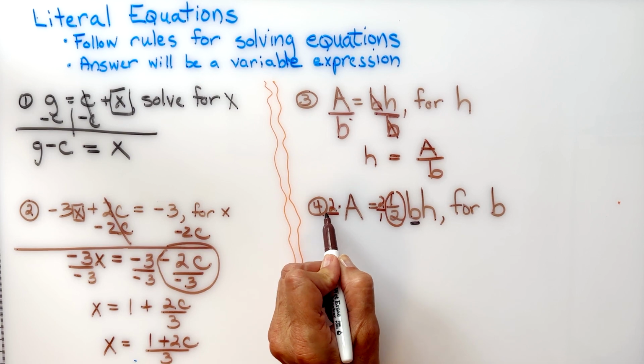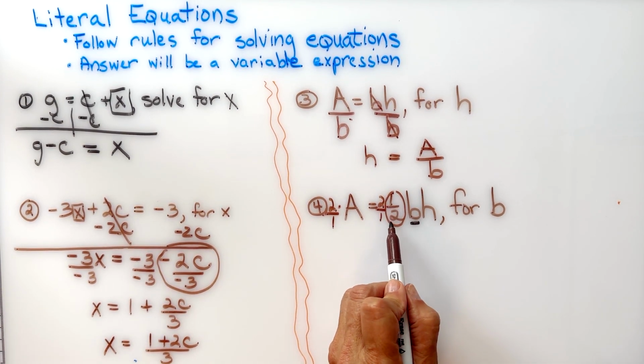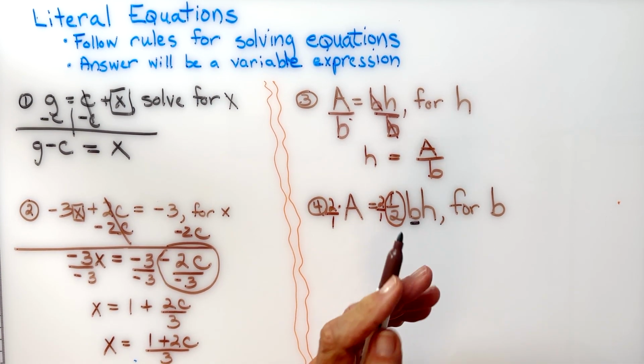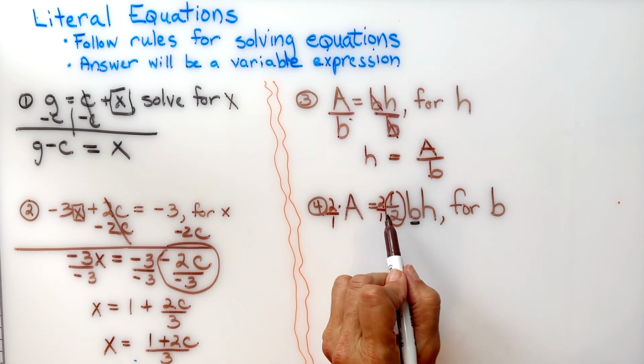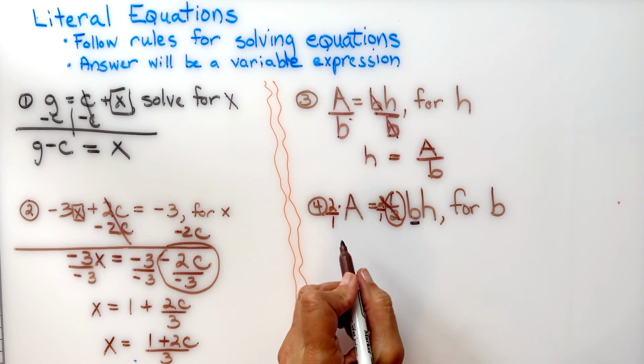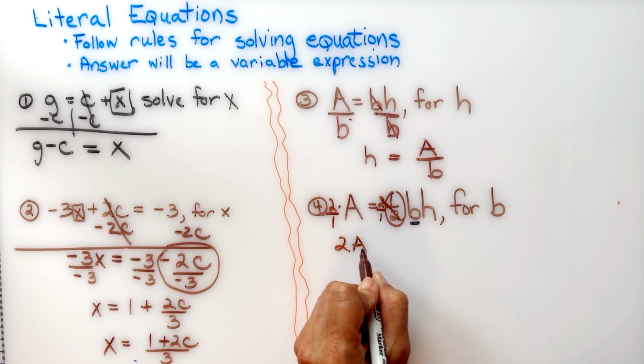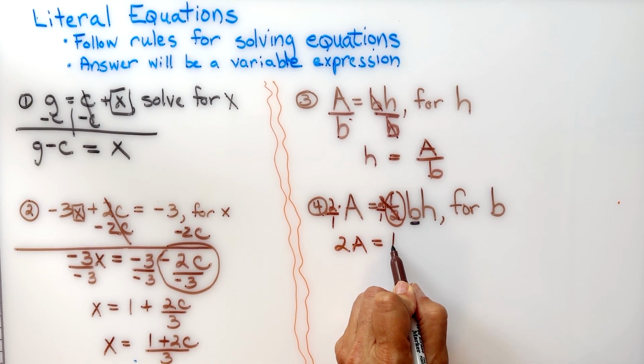And when I say cancel out, we get 2 over 2 if you multiply straight across, and that's just a 1. So that is gone, and I have 2a equals BH.